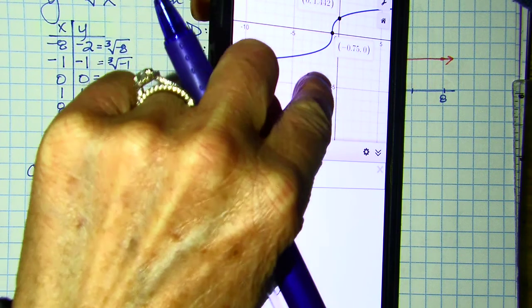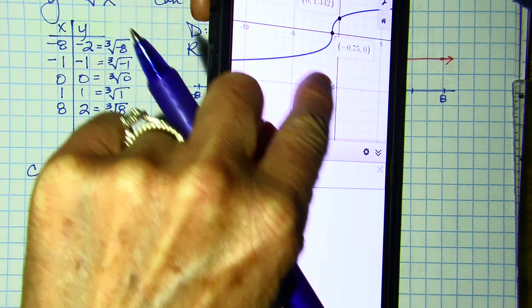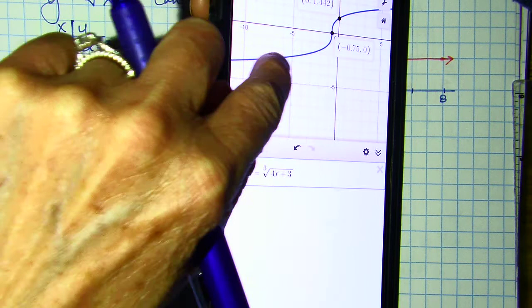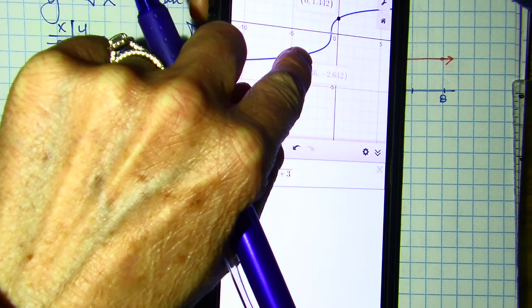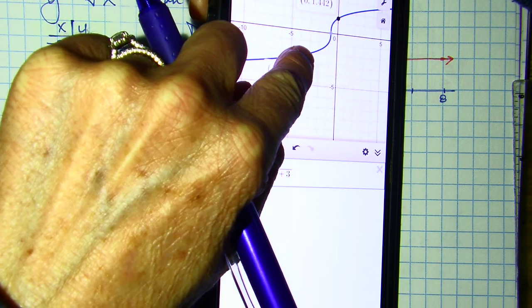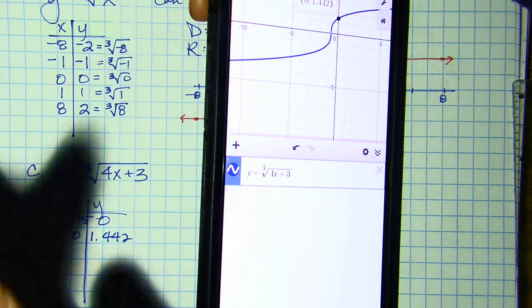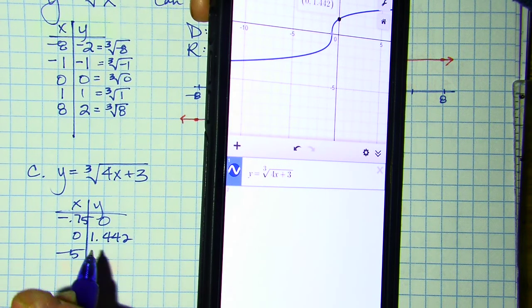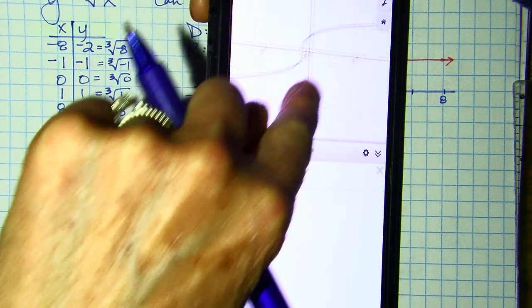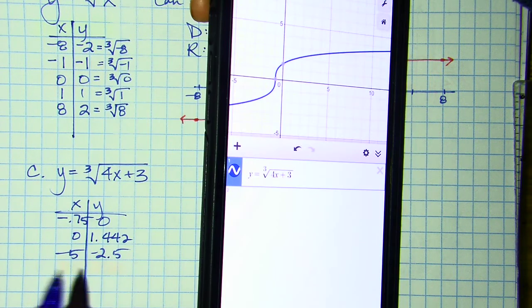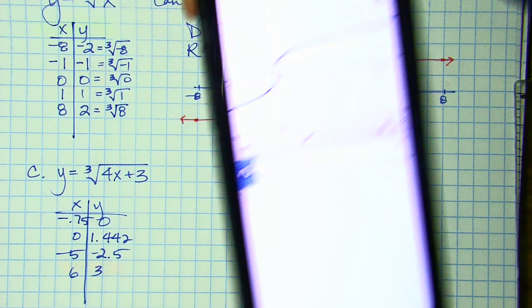What about right here? Negative 5 and looks like negative 2.5. And let's grab one from over here. That looks like positive 6 and 3.